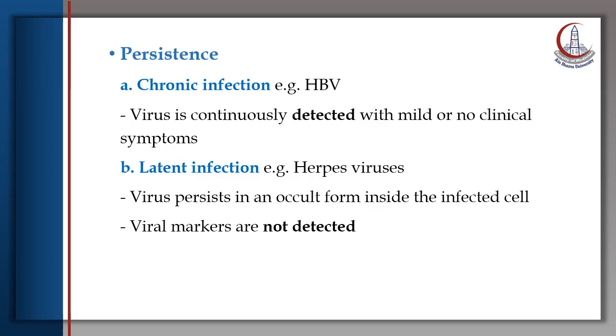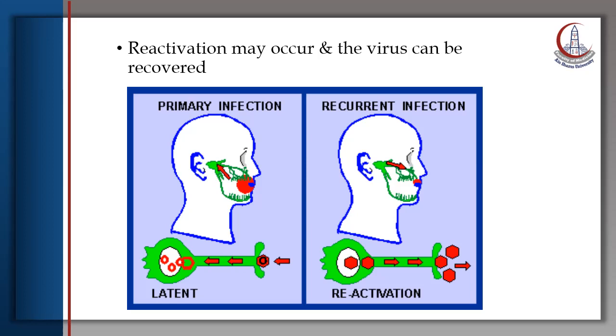But in the other form, the latent infection, the virus persists in an occult form inside the infected cell. The virus is dormant, and it is not detected. And this latent virus can be reactivated later when there is lowering in the immune response, and produce the disease again.